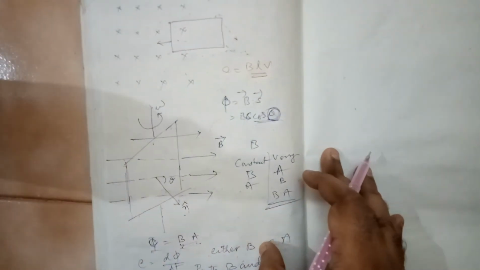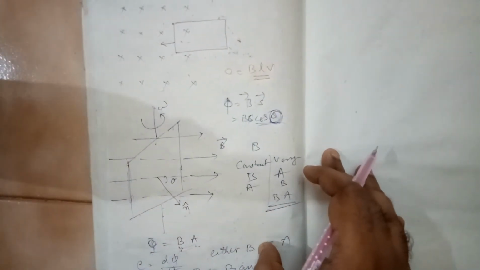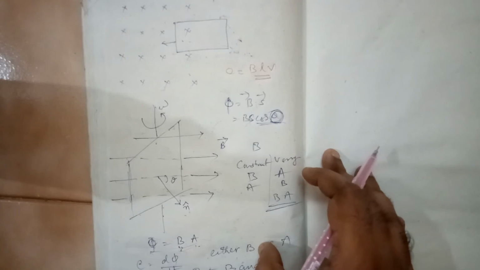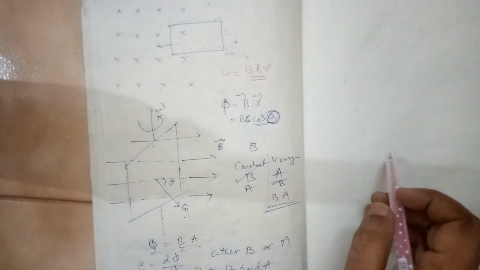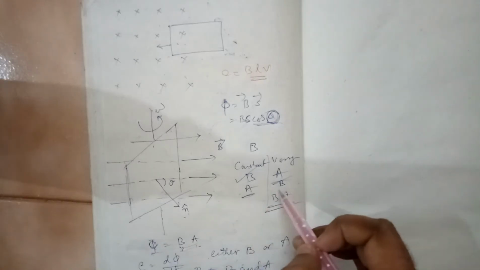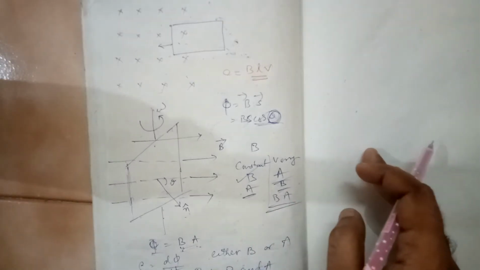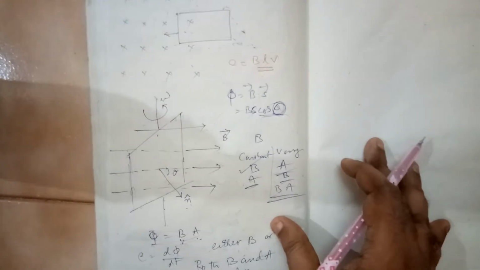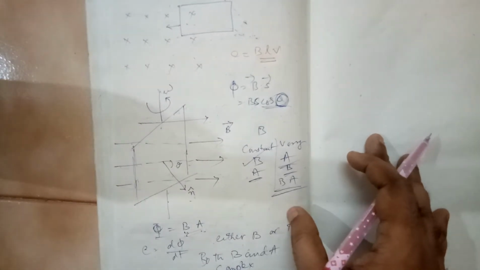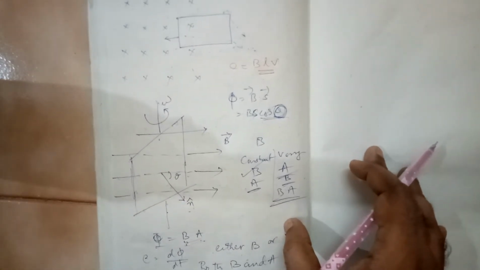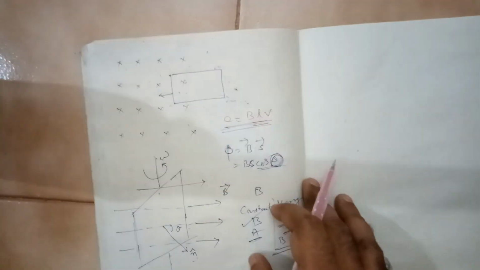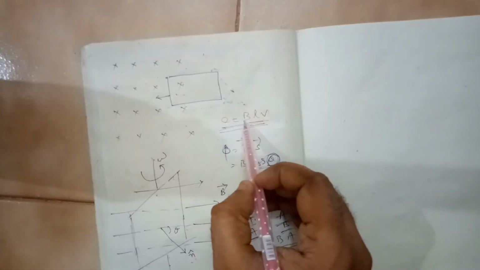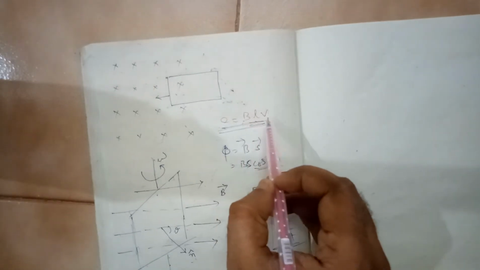So normally what we do is we keep one thing constant and change the other parameter with respect to time. That means we keep B constant and vary A, or we keep A constant and vary B, to avoid complex situations. Now while discussing this formula for motional EMF, we have E is equal to BLV.